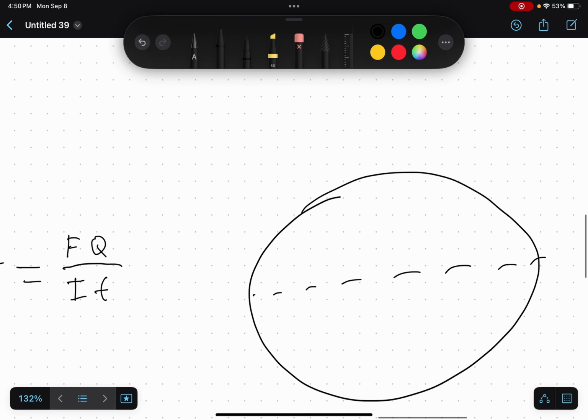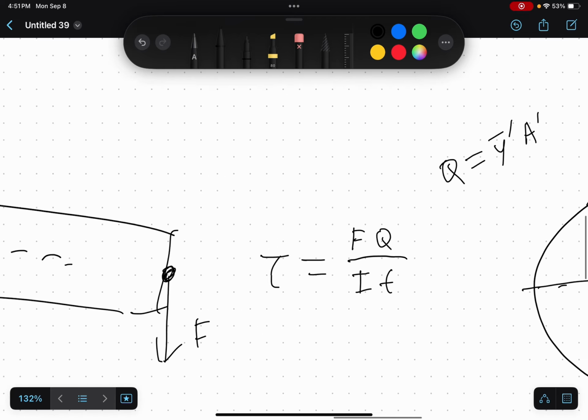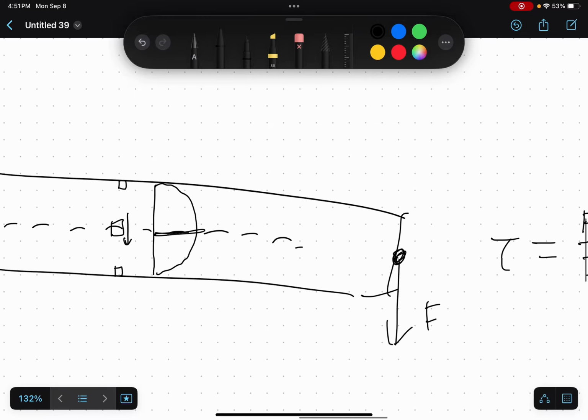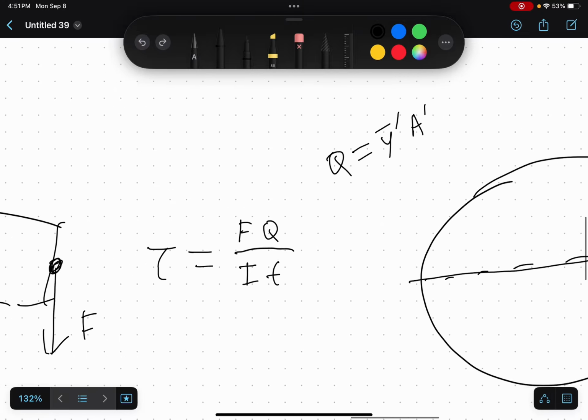So the equation for Q is y hat prime times A prime, which seems really bizarre, but it's not that bad. So if you're evaluating Q right on the middle, it should be a maximum. So what does this mean?